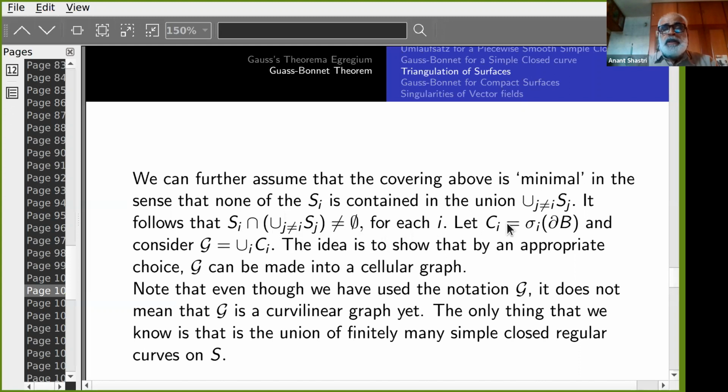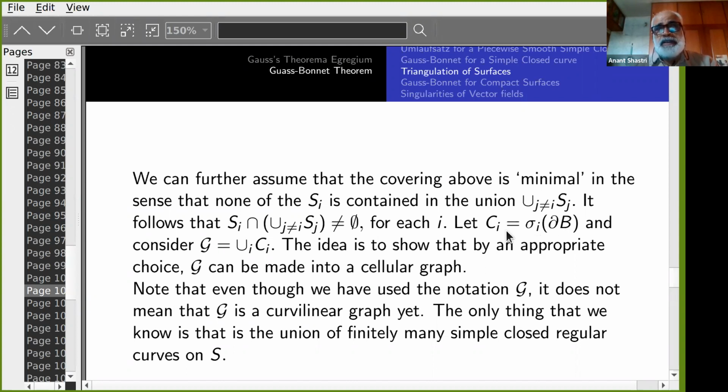Now let us have notation Ci be the smooth curve, which is the image of the boundary of B, which is half the disk. Remember that. The boundary of B means the circle of radius half and center 0. Take sigma i of that, call that Ci.